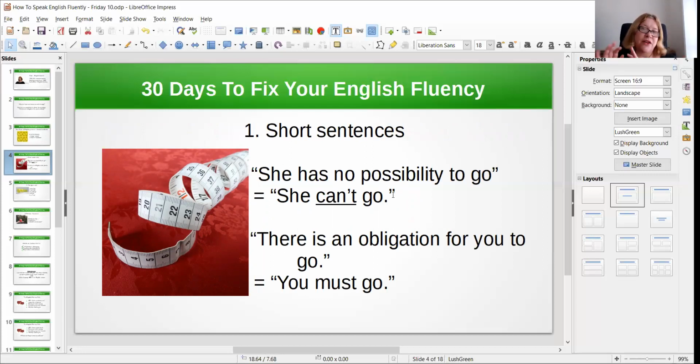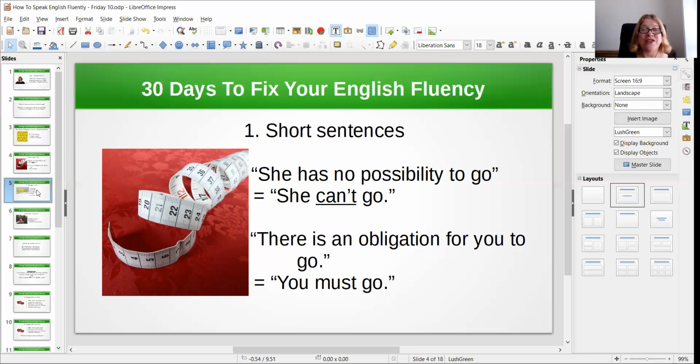She can't go. The second sentence, there is an obligation for you to go. 8 words. Again, you can shorten this right down to 3 words. You must go. So modal verbs are a really, really useful way to keep your sentences short.